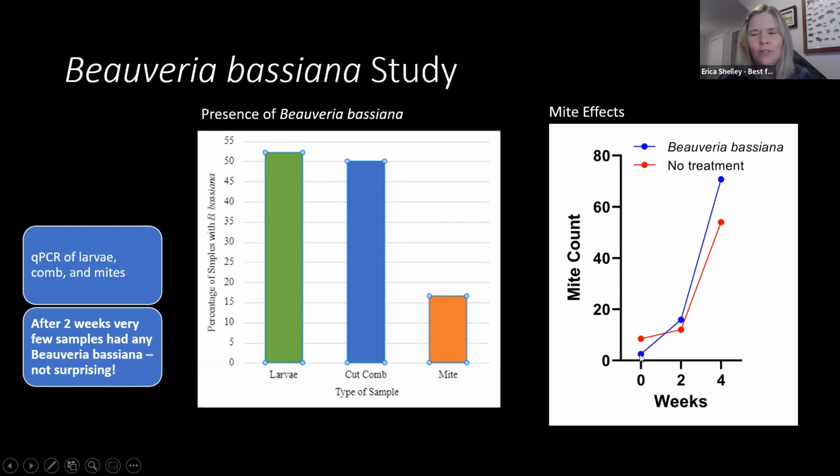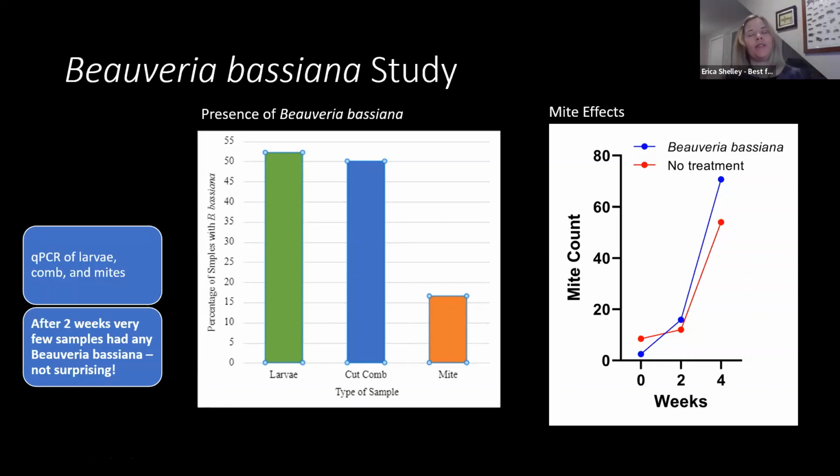Whereas the one with the Beauveria bassiana was a little bit higher. So I wouldn't take from that that the Beauveria caused the mite numbers to increase, but rather that it did not have an effect. And we weren't surprised because this was not a strain that could grow inside the hive.